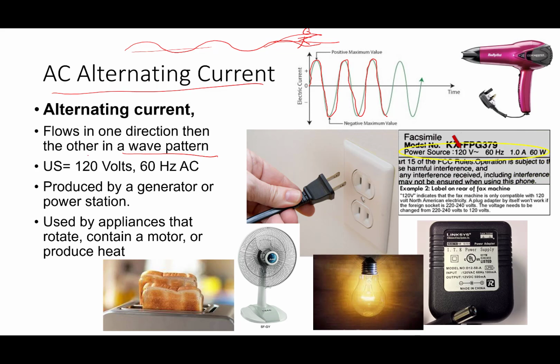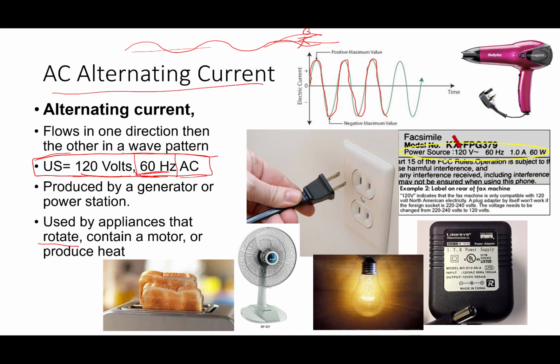The electricity that comes out of the walls in the United States has a voltage, an electrical potential of 120 volts, and it oscillates back and forth 60 times per second. That's why it says 60 hertz, and AC stands for alternating current. Now, totally different kinds of devices use AC from DC.